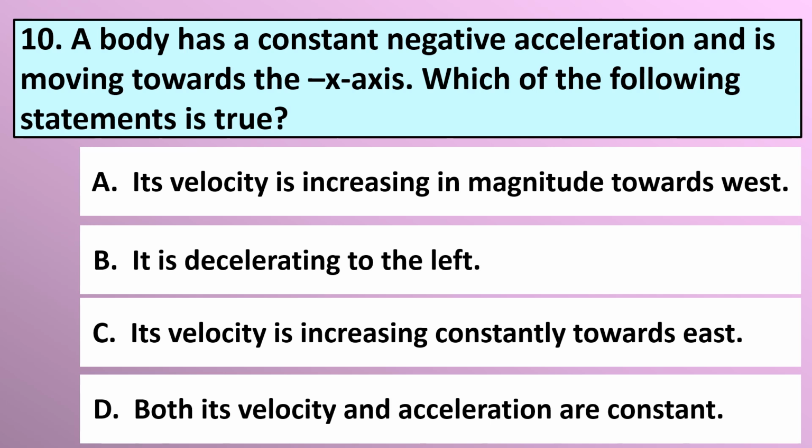For letter B, the keyword is decelerating, which simply means that the body is slowing down, which means that the speed is decreasing from a higher value to a lower value, all right? But the direction of such acceleration is negative.